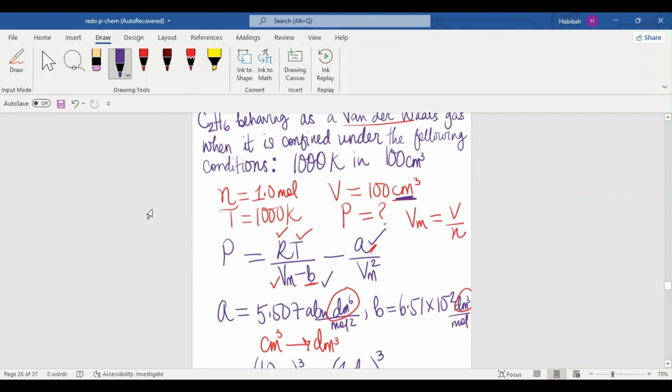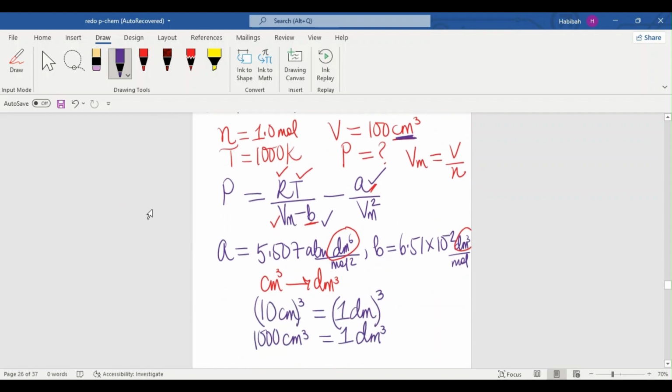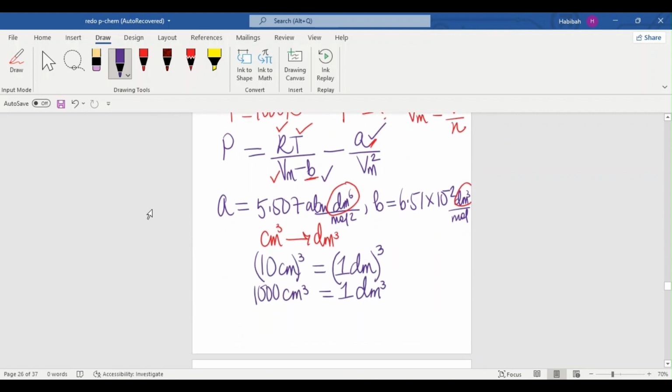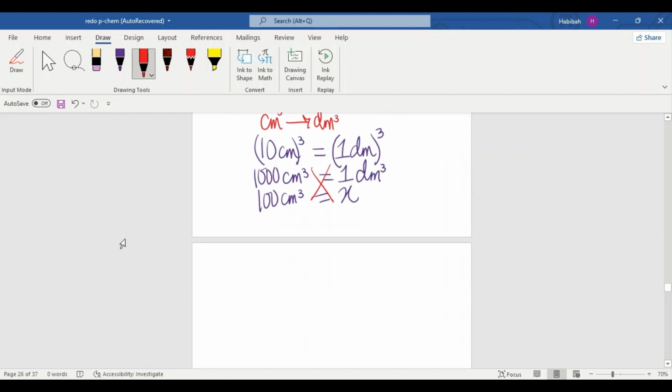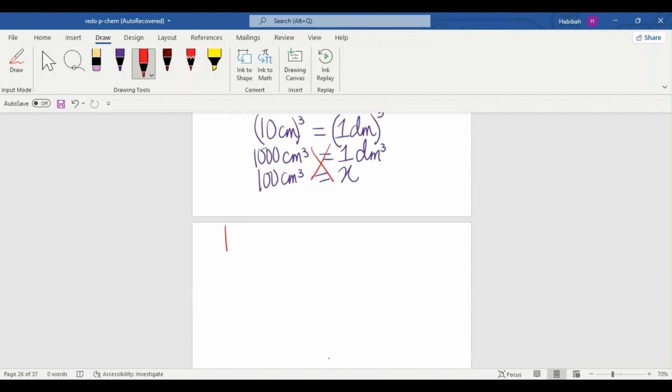Now let's go back to our question. We see that we have 100 centimeter cube. We have to go from 100 centimeter cube to decimeter cube. So we have 100 centimeter cube here, and let's just say we have x here. We would cross multiply to end up with 1000 centimeter cube times x equals 1 decimeter cube times 100 centimeter cube. Divide both sides by 1000 centimeter cube.